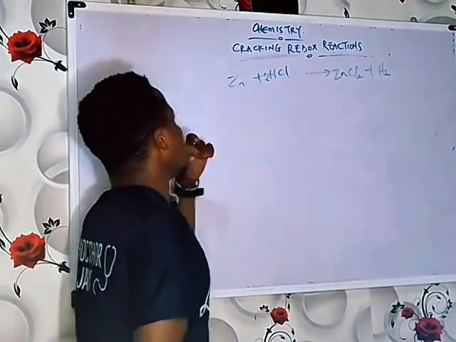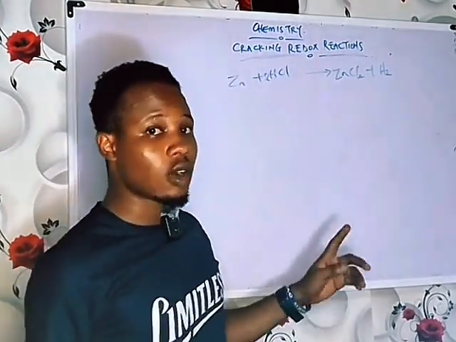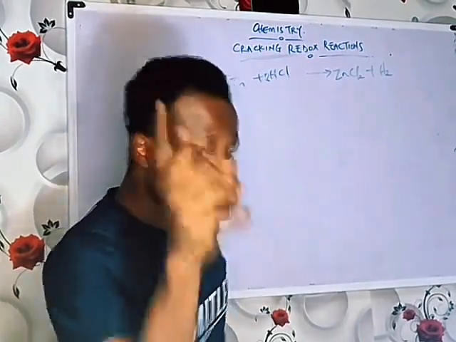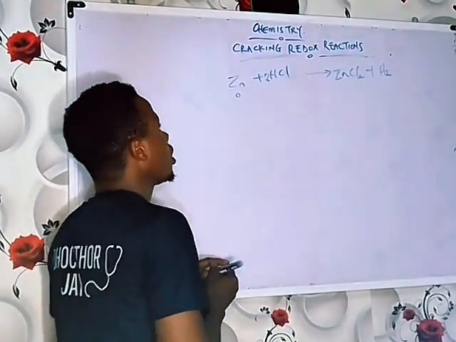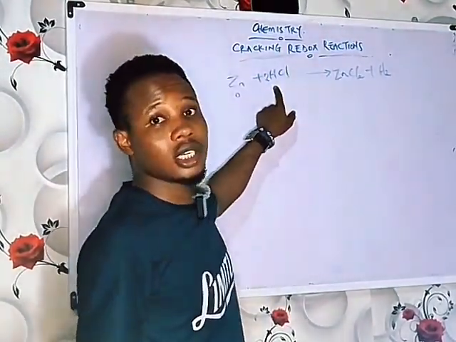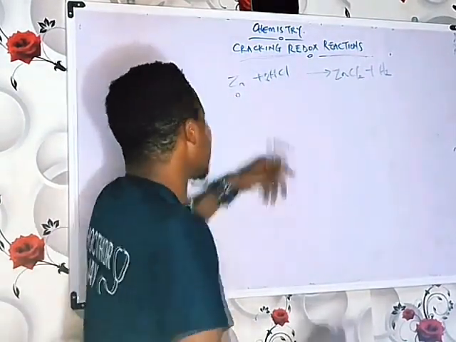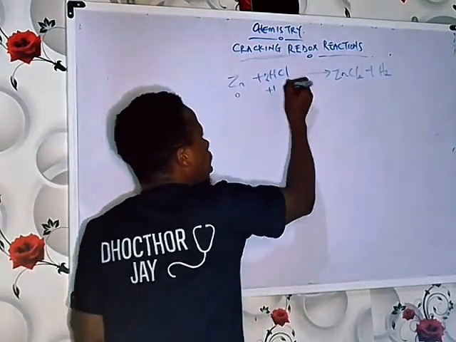So we look at zinc. Zinc is in its stable state as Zn. And remember, according to the rules, when an element is in its stable state, the oxidation state is, of course, 0. So in this case, zinc is going to be 0. Hydrogen usually is +1, except in metallic hydrides where it is -1. So in this case, hydrogen is +1. And if hydrogen is +1, chlorine will definitely be -1.